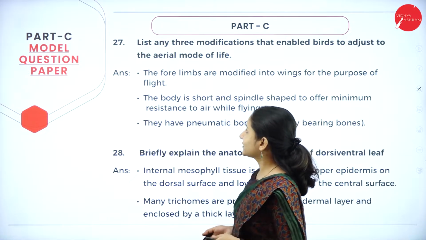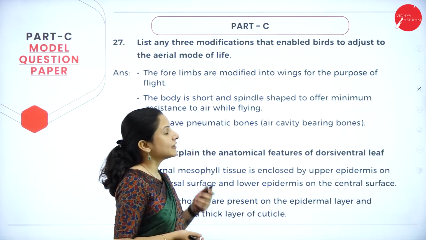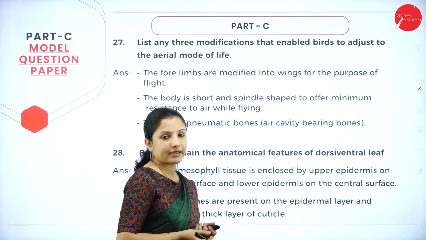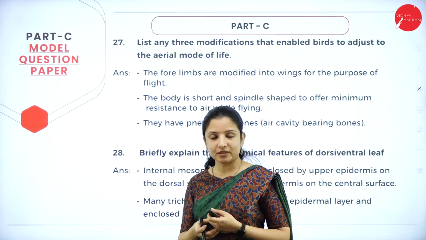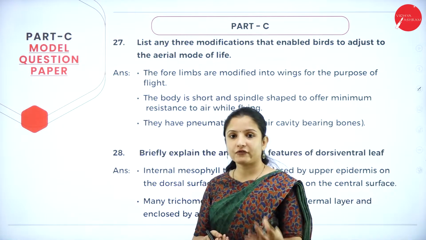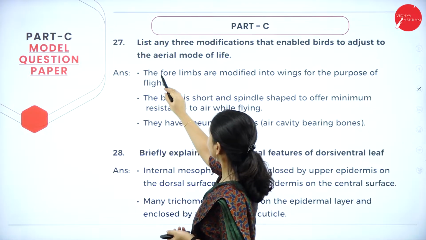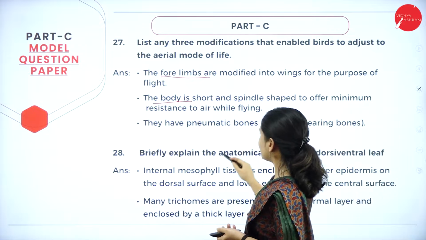Moving on to the next question, they have asked: list any 3 modifications that enable birds to adjust to the aerial mode of life. There are different types of modifications a bird exhibits. Under that, any 3 which you find easy, you can write about. You can write about the forelimbs, the shape of the body, and the bones.